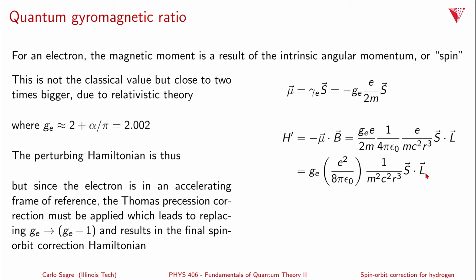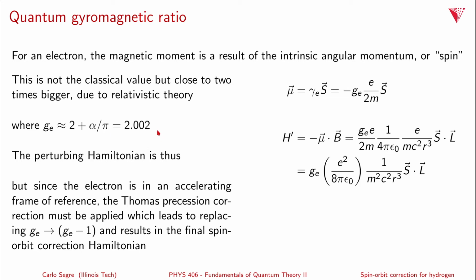Now, that's not quite it, because the electron is in an accelerating frame of reference. So the Thomas precession correction has to be applied. This means that you can replace g sub e with g sub e minus 1, which results in about 1 over 137 divided by pi, so it's about 1 over 500.